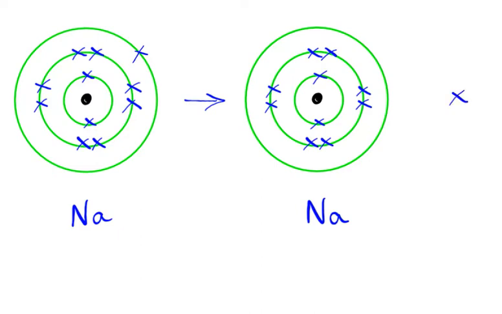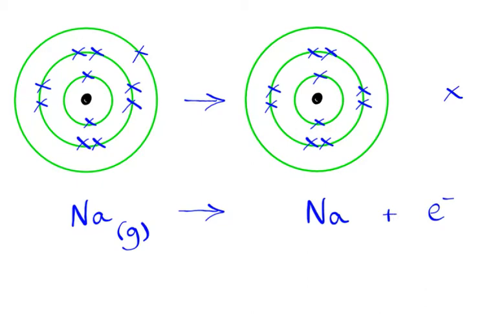somewhere else. In terms of the equation, they'll want to see that we've put the state symbols in. So sodium atoms are in the gaseous form, and over here we have our electron now no longer attached to the sodium.